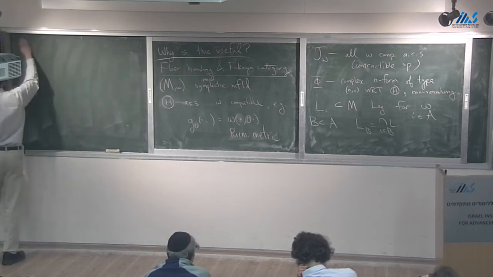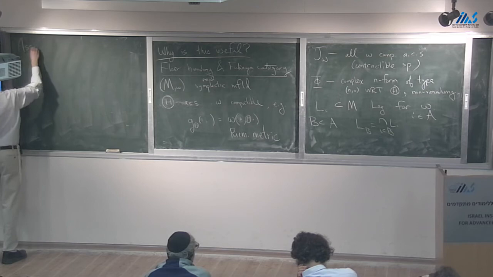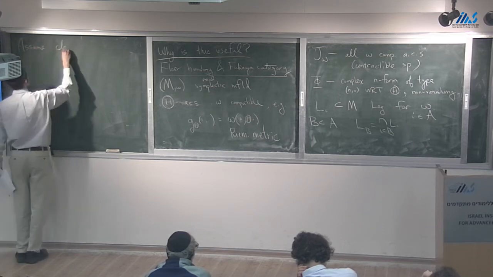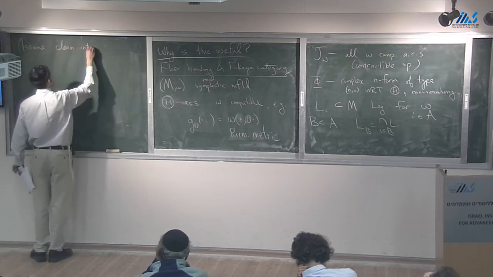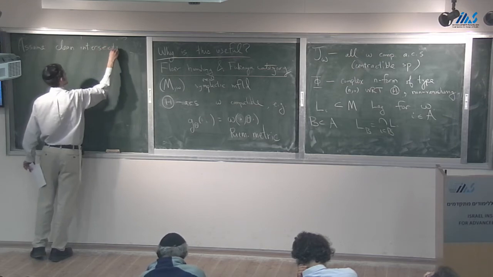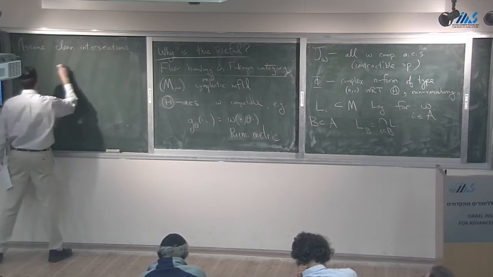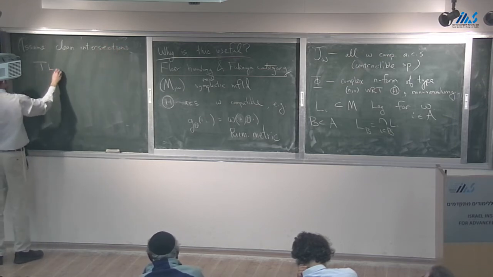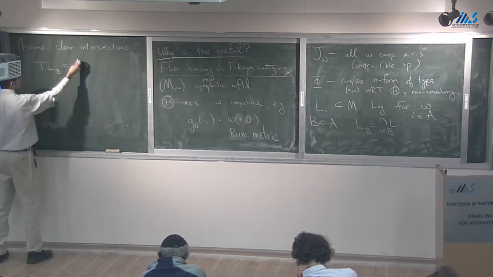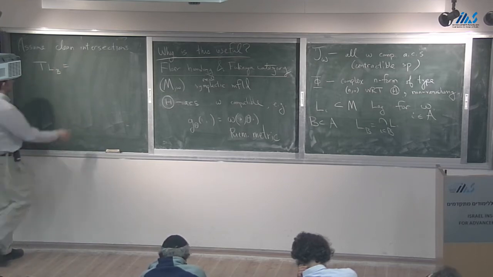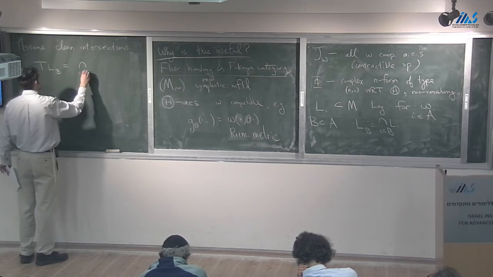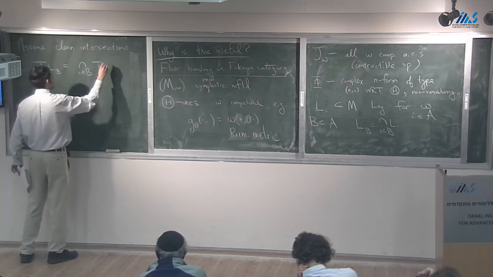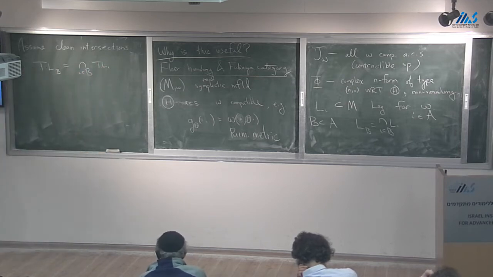We're going to assume that everything intersects cleanly. That means that the tangent space to L_B, the intersection of a whole bunch of them for any B, is equal to the intersection of the tangent spaces of the L_i.